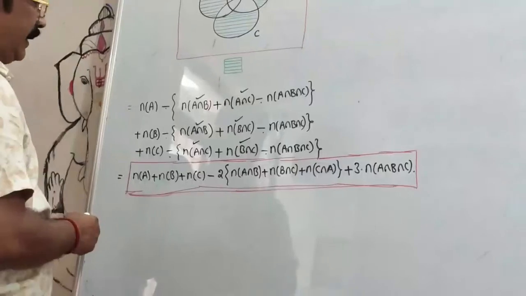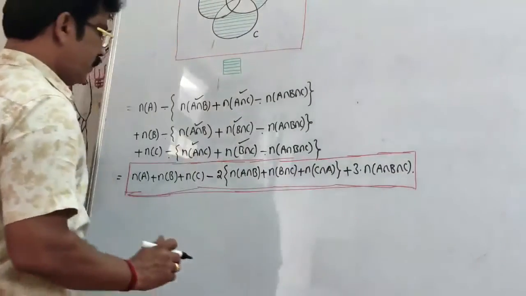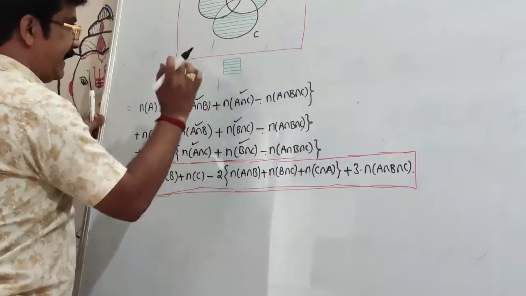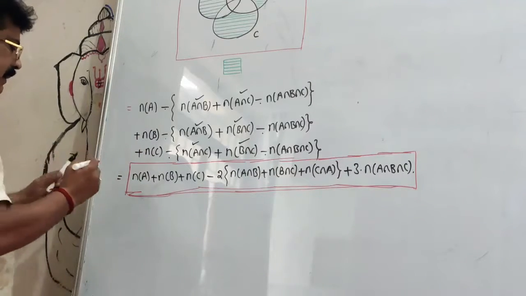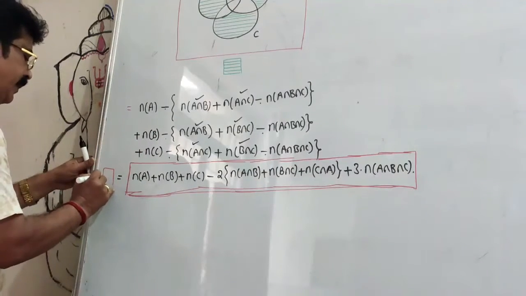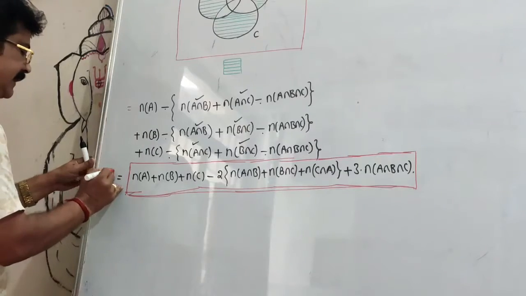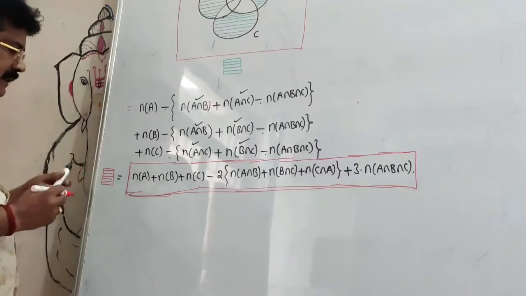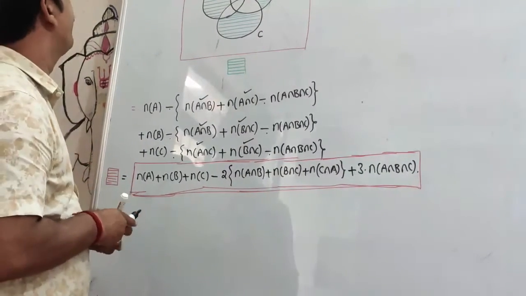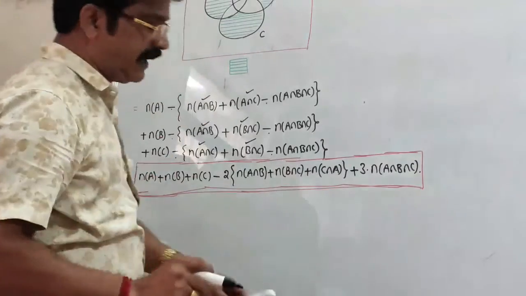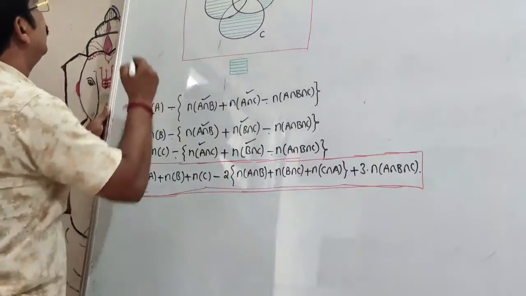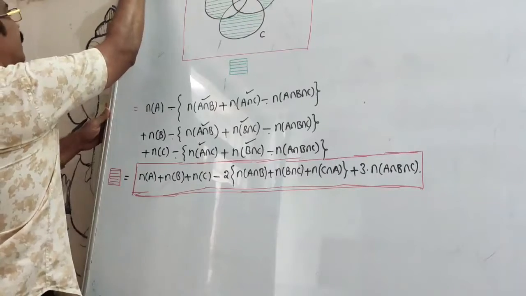Next, over. So this area means this shaded part. Next, the number of elements in exactly 2 sets. So this is Roman number 1.